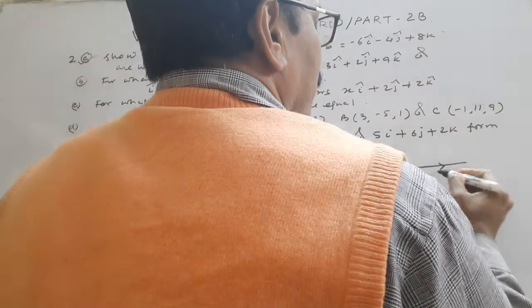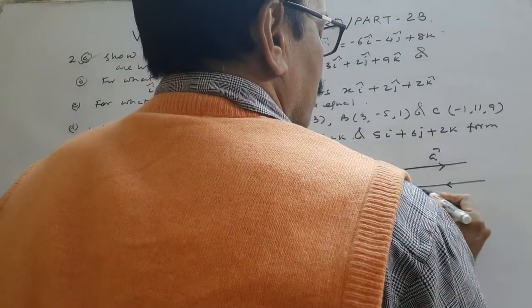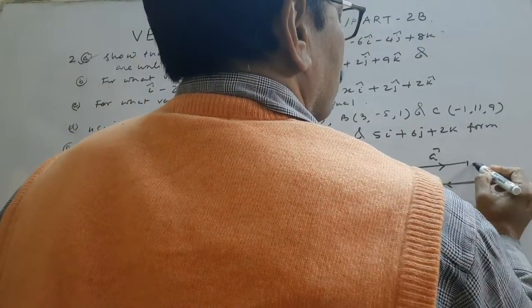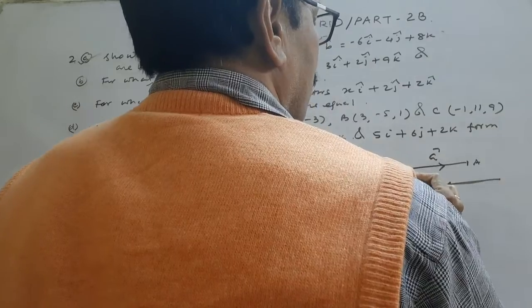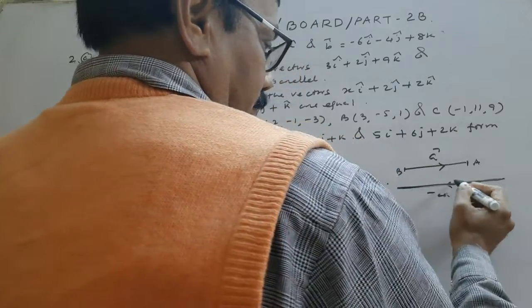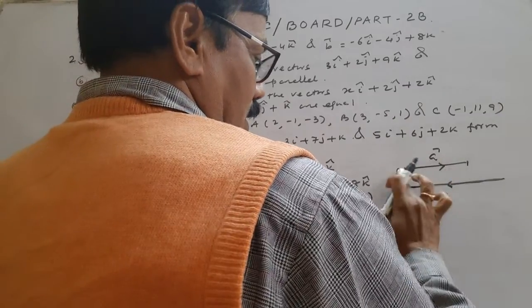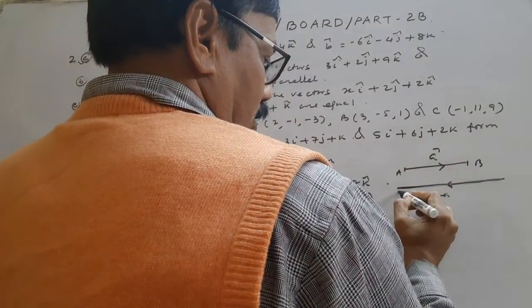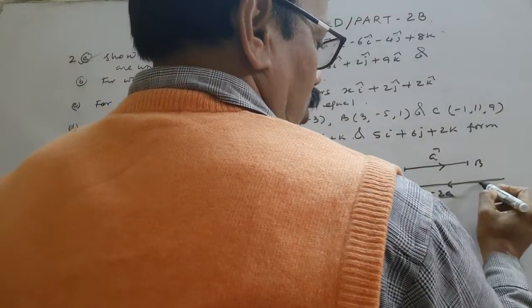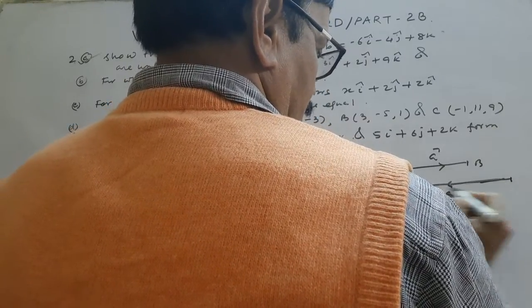So this is A, and this is, suppose, minus 2A. Suppose this is AB, and this one in the opposite direction, double of it, is CD.